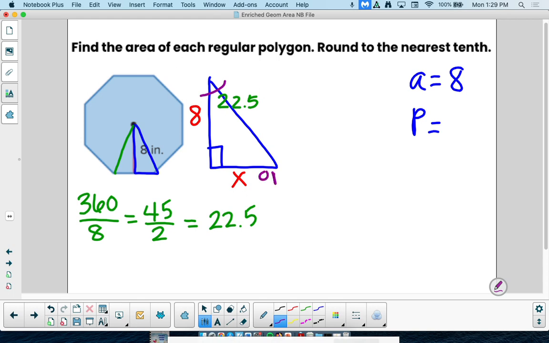Opposite. What side is 8? What trig function uses opposite adjacent? Tan. So tan 22.5 equals x over 8.